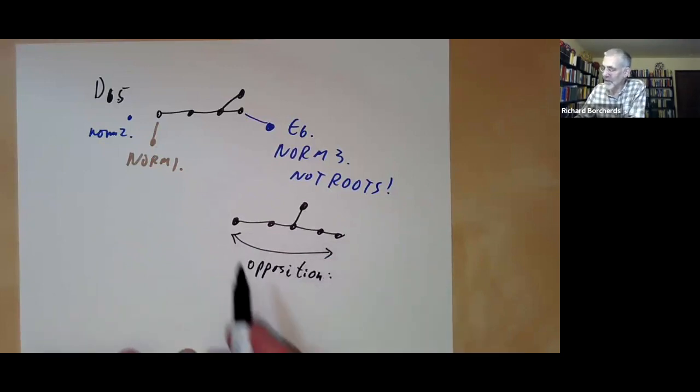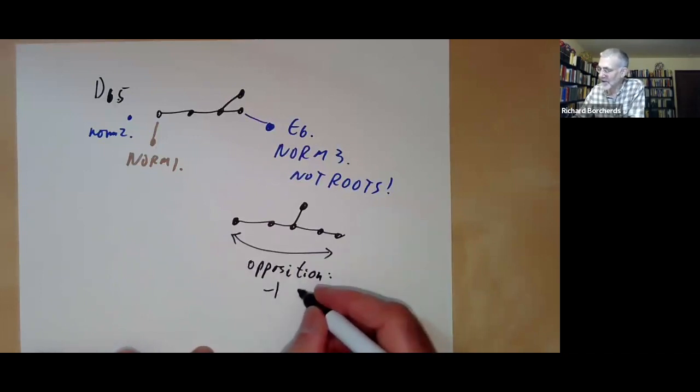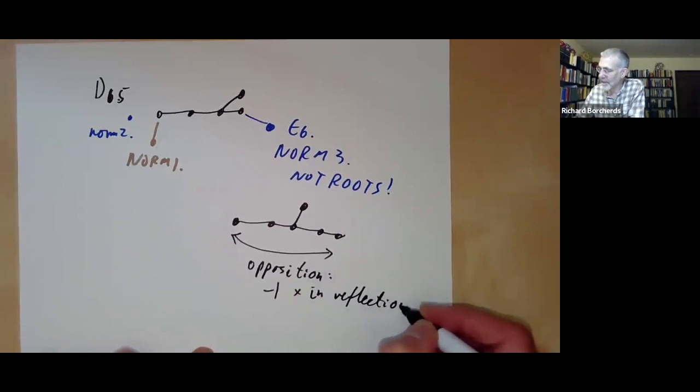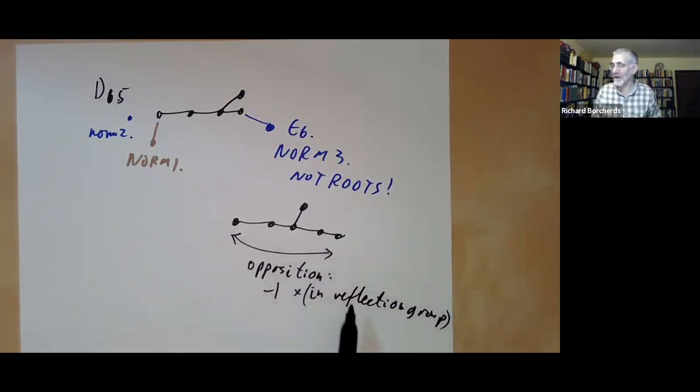It's given by taking -1 of the lattice times something in the reflection group. So for the opposition involution of the Dynkin diagram, you write the automorphism -1 of the lattice as something in the reflection group times some symmetry of the Dynkin diagram. For E6, you happen to get a non-trivial symmetry, whereas for E7 and E8, you get a trivial symmetry.